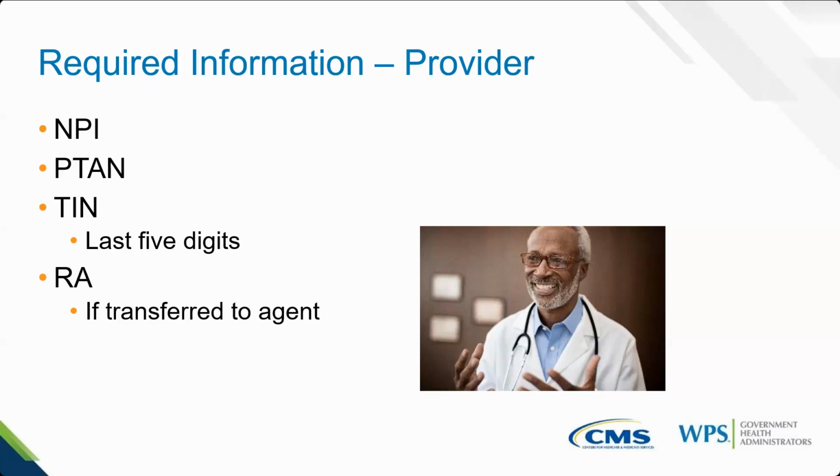This slide outlines some of the features that are required as they relate to a provider. We'll begin with your NPI, PTAN, and tax identification number combination. Those things have to match or sync up with the system to let the IVR know that you are who you say you are and that you are entitled to the information that you're requesting.